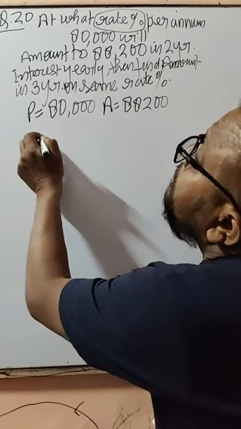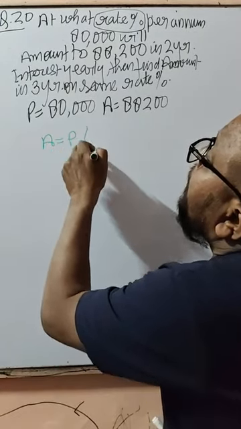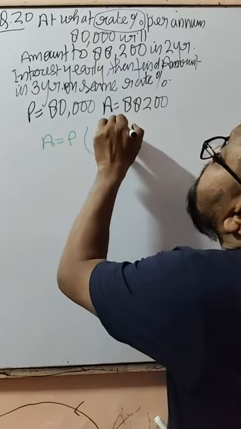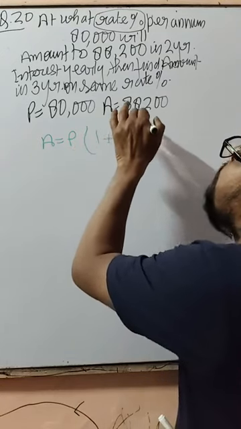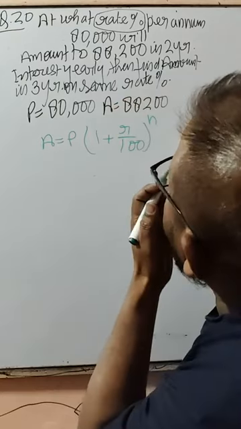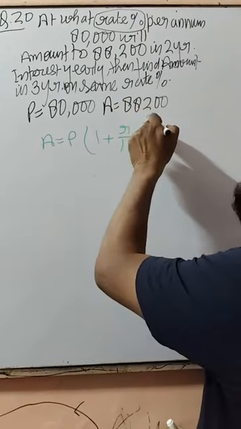A is equal to P bracket 1 plus R upon 100 raised to the power n. It's 2 years.